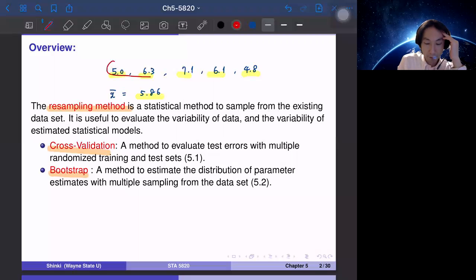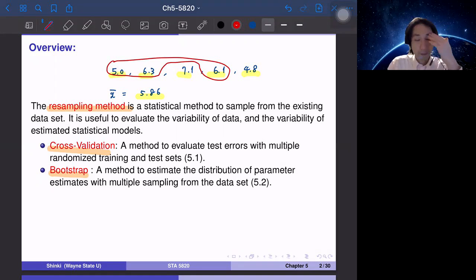For example, we take 3 observations from this sample. The way to sample 3 observations is somewhat random, so we replicate some randomness. Then we can do several things. That is the concept of resampling methods.